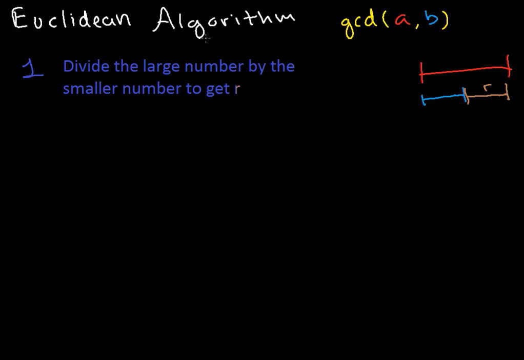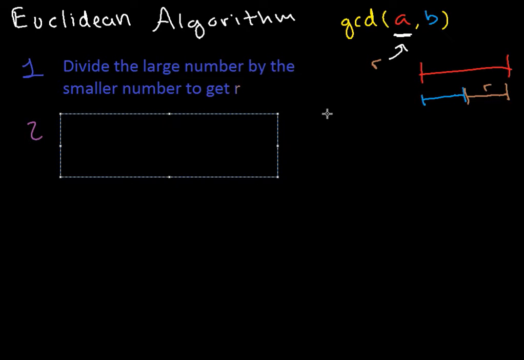Second, replace the large number by R. So you put R into there and then repeat.